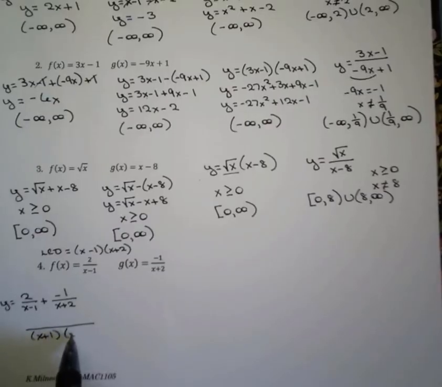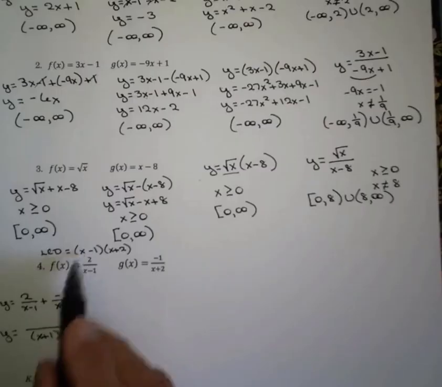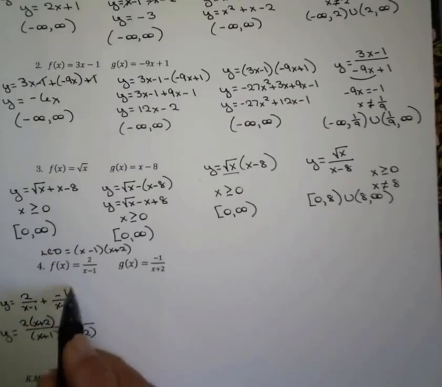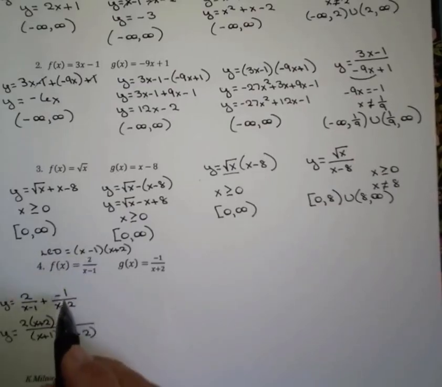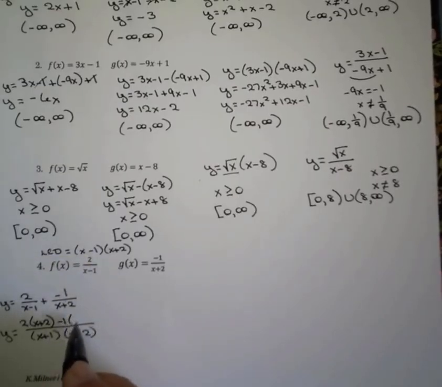This will be my denominator when I finish. Now I just have to figure out what the numerators are going to be. So when I multiply 2 times the LCD, the x minus 1s cancel, and I have 2 times x plus 2. When I multiply negative 1 times this LCD, or negative 1 over x plus 2, the x plus 2s cancel, and I have negative 1 times the x minus 1.